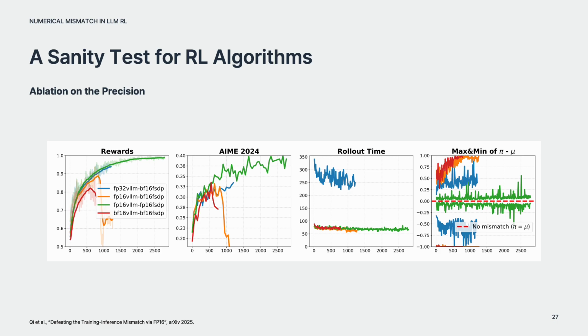Using FP32 for inference yields somewhat comparable performance, but as expected, it significantly increases the rollout time. Moreover, while FP32 reduces the mismatch compared to other mixed precision settings, it still exhibits higher mismatch than the fully FP16 configuration.